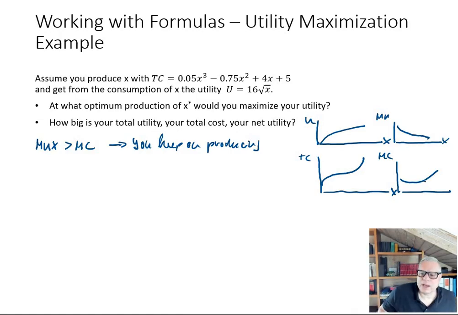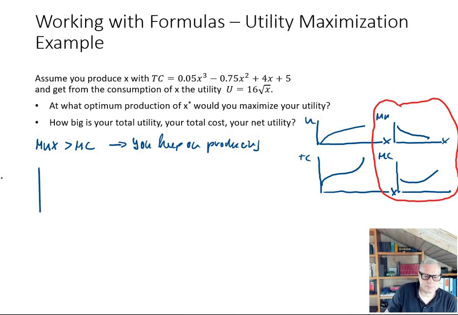Okay, so now, as long as the marginal utility, let's just take those two, let's just take a look at those two graphs and put them into one graph. So we have here X, and we said, okay, the marginal utility of X is maybe something like this.